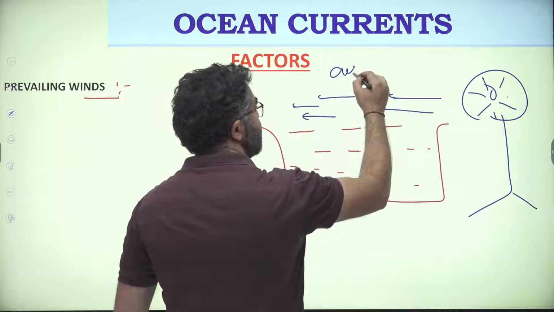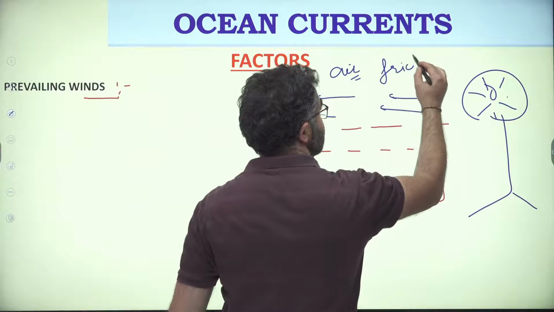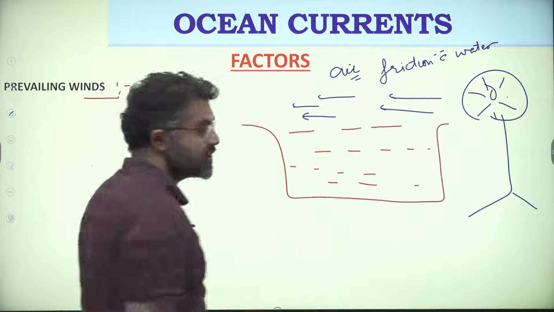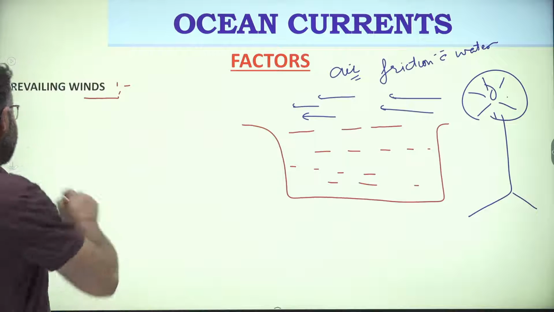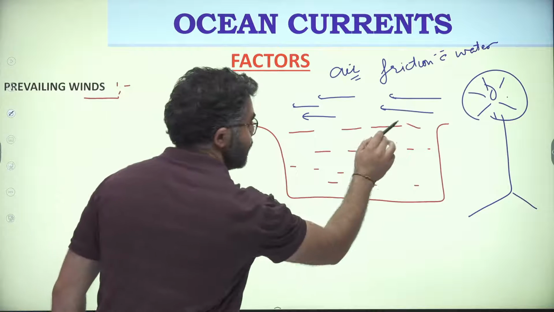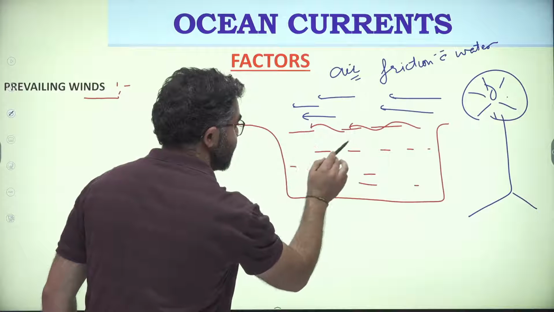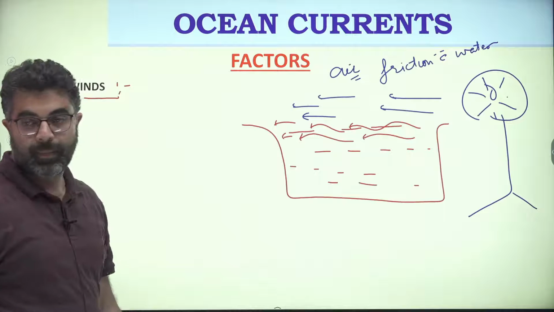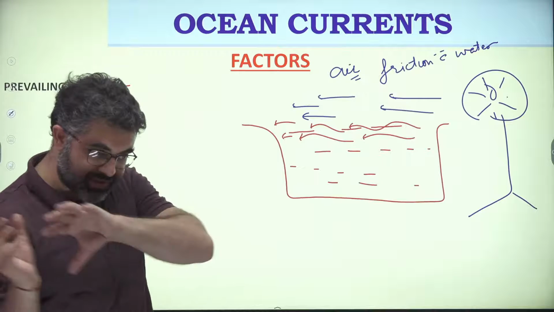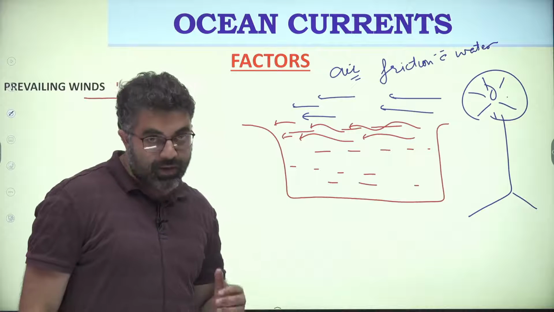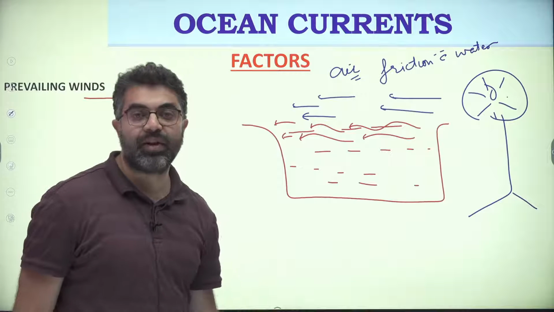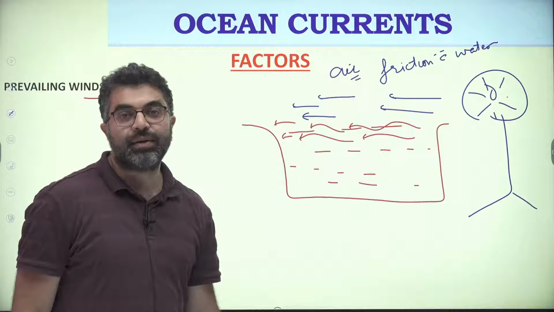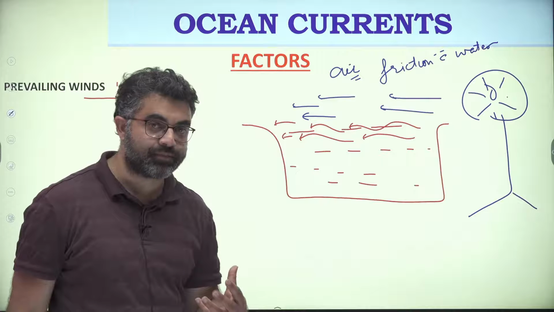Now this air produces friction with water, and the water will move in the same direction as that of the wind. Right? So you would see that to whichever direction the air is blown, the water will also start moving in the similar direction. Right? So this is what is important to understand.